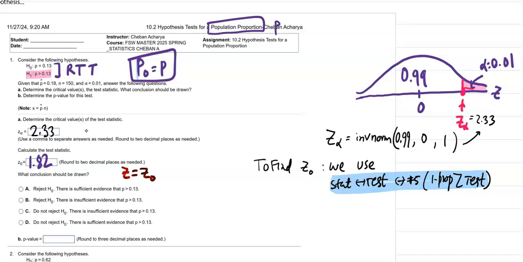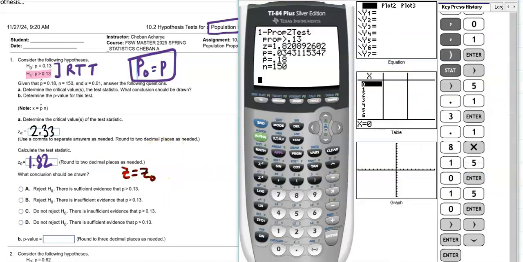In the same window, you can find p equals 0.0343. That is called the p value. So for part B, you have to answer the p value. I'm using this number p as the p value, 0.034. That's how you find the test statistic and p value using the calculator function 1-PropZTest.